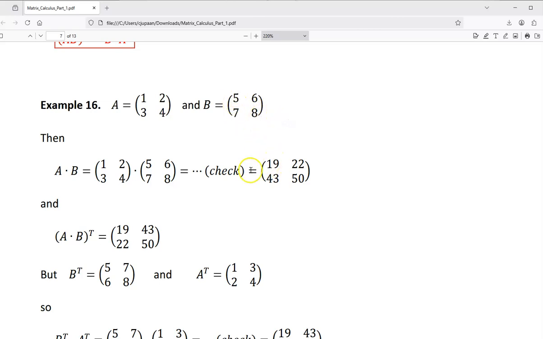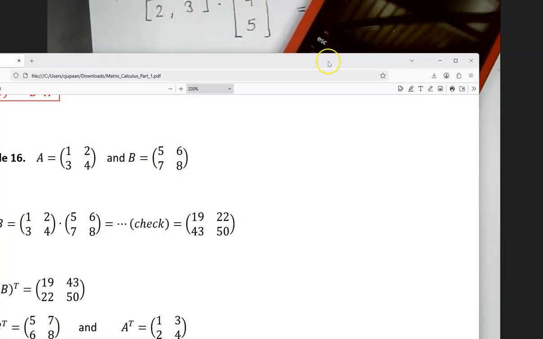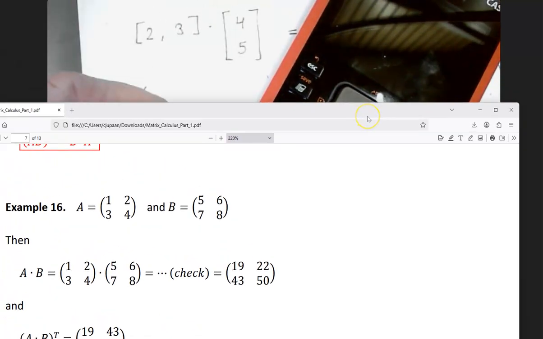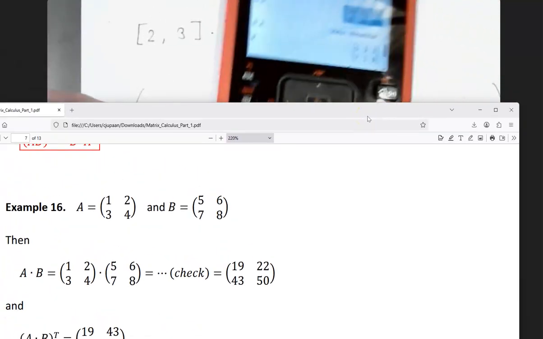And I have given here an exercise to check that this actually holds. If you multiply those matrices with each other, that will give you the result of this kind of matrix. Let's see that from a calculator, so we can see that it's okay.